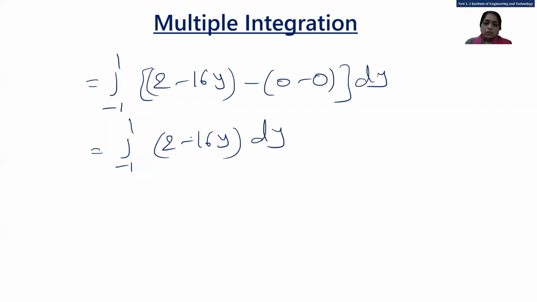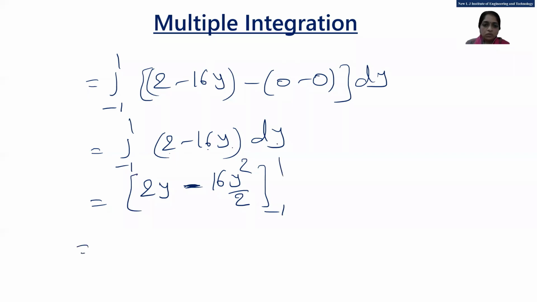Okay. Now, the integration of 2 with respect to y is 2y, right? And the integration of 16y with respect to y is minus 16y square by 2. Okay. So this is -1 to 1.